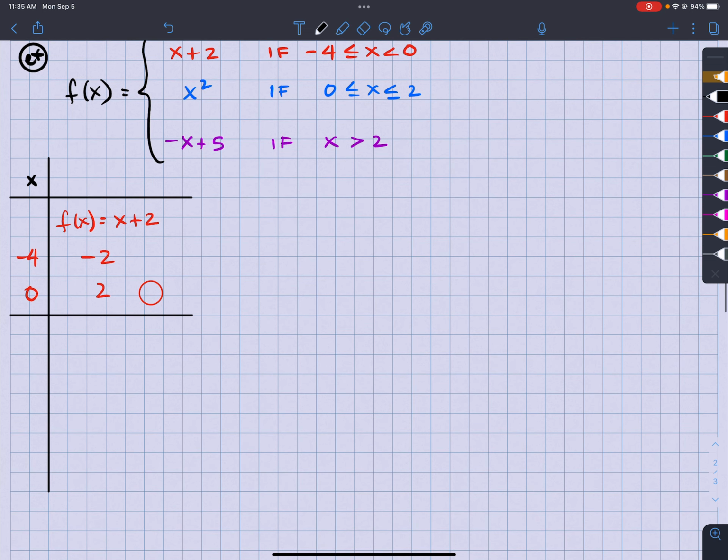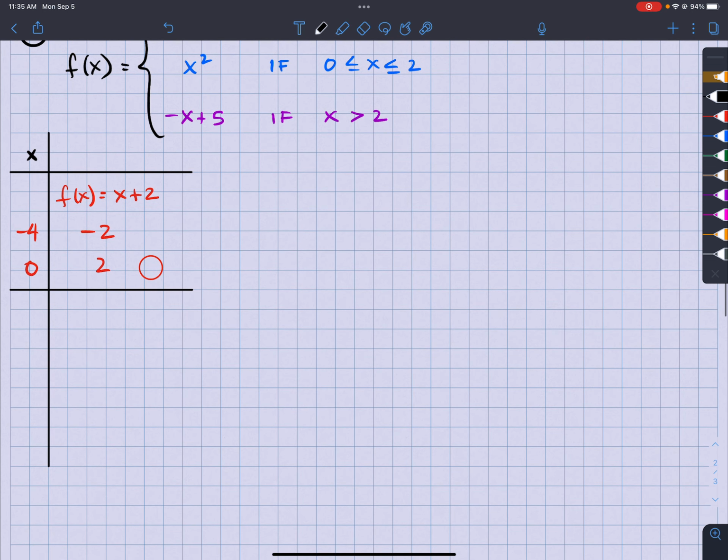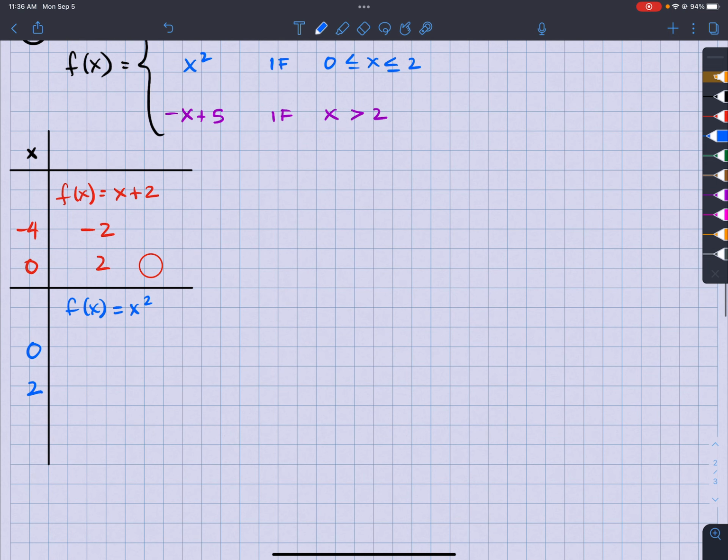So now let's take a look at the blue. The blue says that f of x is equal to x squared. And we're going to go from 0 to 2, and we're going to include both of them. Okay? So I guess I could do it this way too, just so you guys can see. This would be a closed circle.